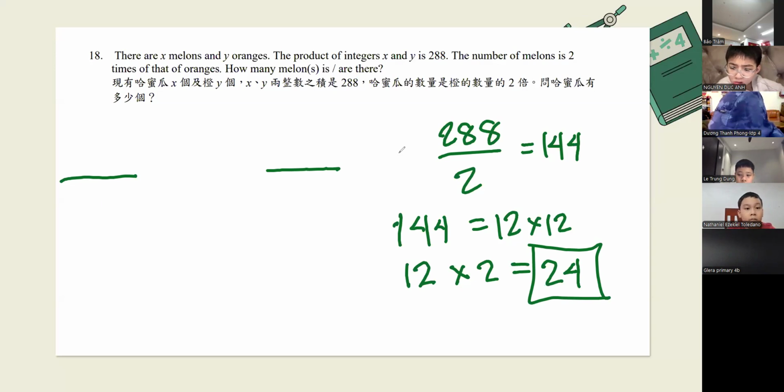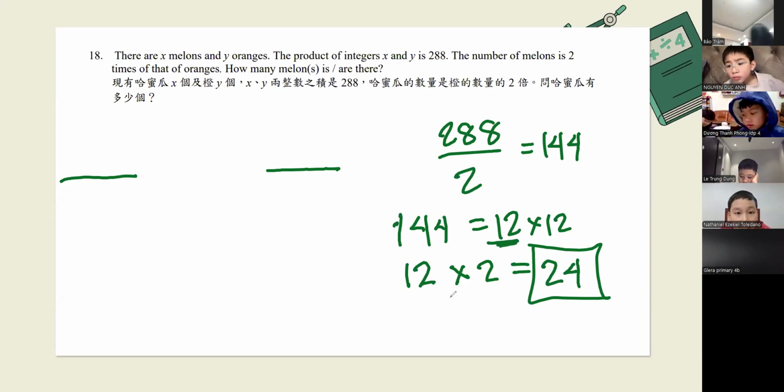So it's 12. That's why we have 12 times 12. Now this is the time when you multiply that one number by 2, and you'll get 24 because it says here the number of melons is 2 times that of oranges. So yeah, that is how we get our answer.